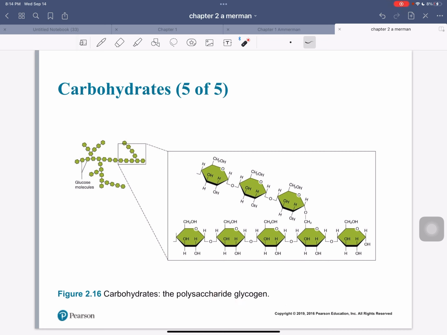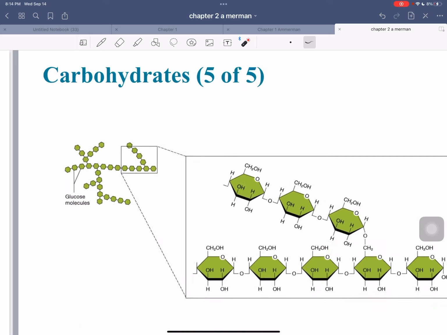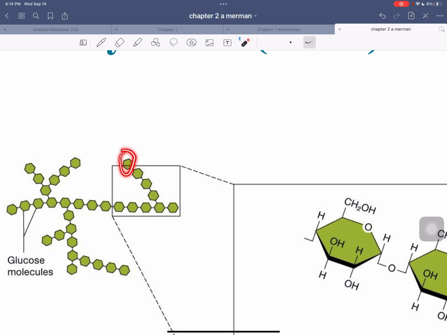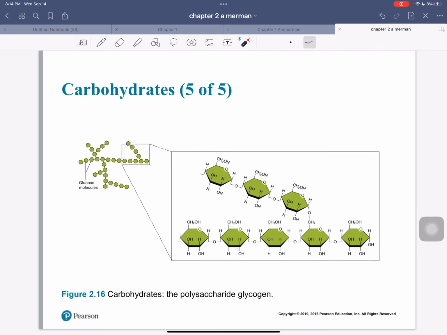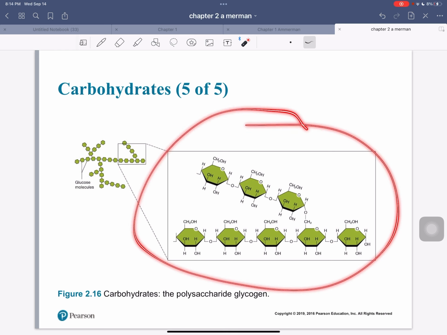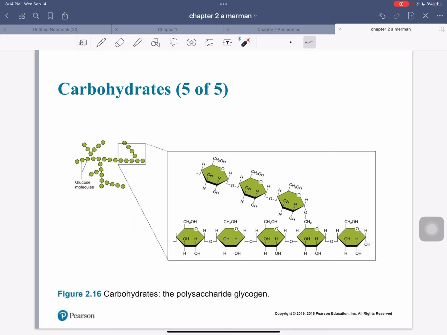This is the one that, as I said, we find in muscles and also find in liver cells. And you can see how it forms these long branches. Now, I can come along and I can start to pull these off through hydrolysis to use them for other purposes. But it's a really good, convenient way to store a whole lot of monosaccharides.